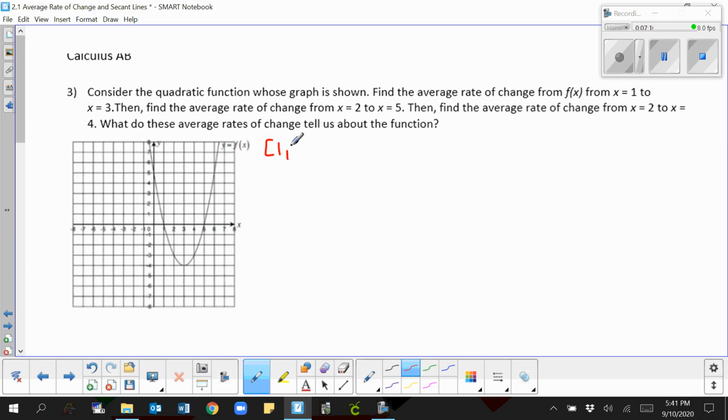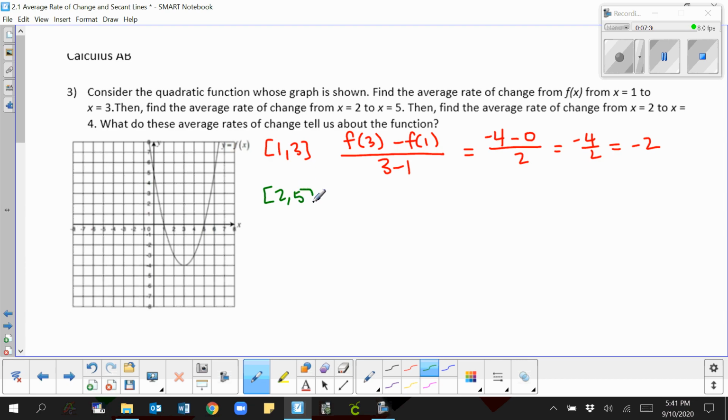So we're going to do from 1 to 3. So I'm looking at f of 3 minus f of 1 over 3 minus 1. So over here f of 3 is -4. F of 1 is 0, so -4 minus 0 over 2. So -4 over 2, which is just -2. Then my next interval is from 2 to 5.